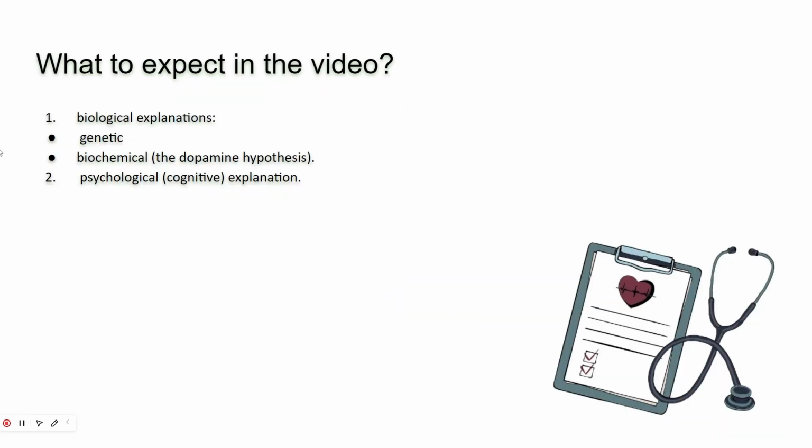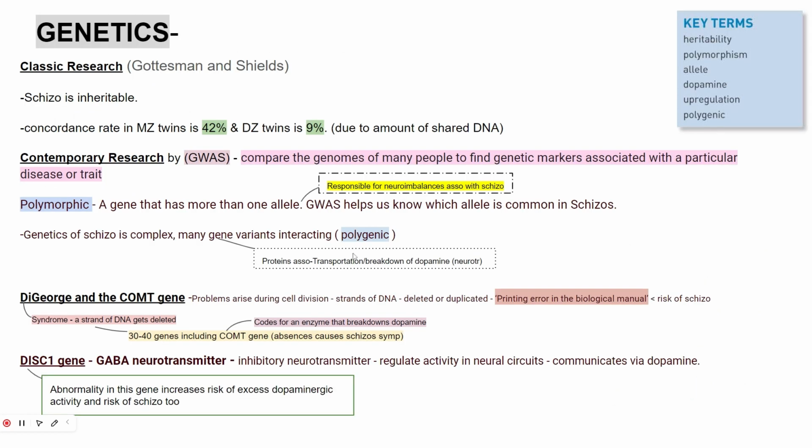Moving forward, you will expect a biological explanation, a genetic and biochemical one, and then you will also be expecting a psychological explanation. For genetics, a classic piece of research was done by Gottesman and Shields.